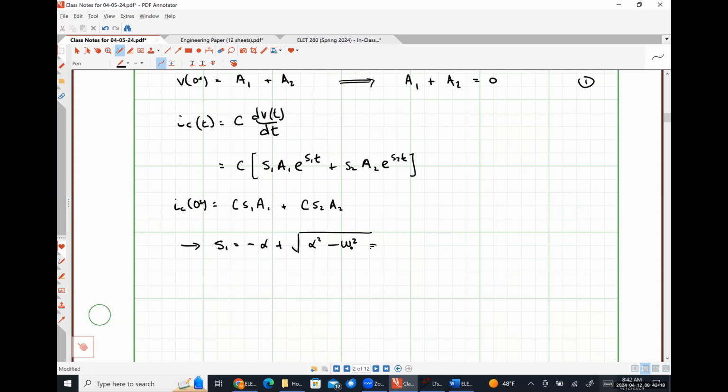So that is negative 10/3 plus the square root of 10/3 squared minus 3 squared, which comes out to be negative 1.88036. So let's just call it negative 1.880 per second. I'm storing that in my calculator as A.